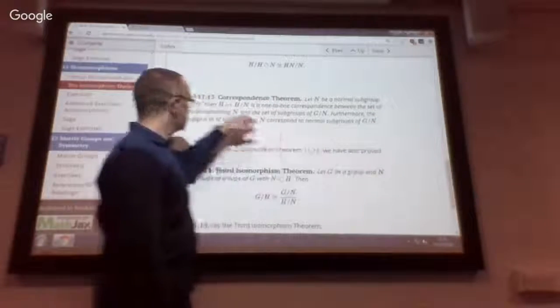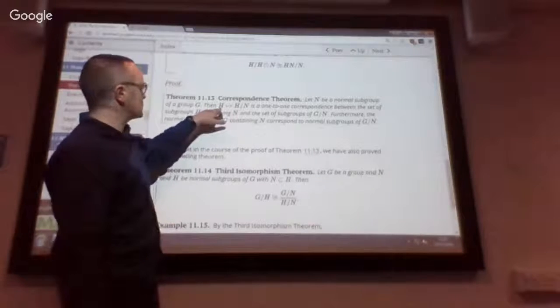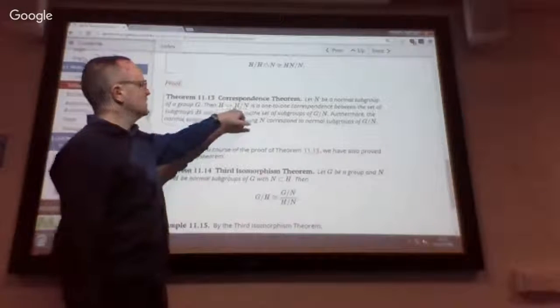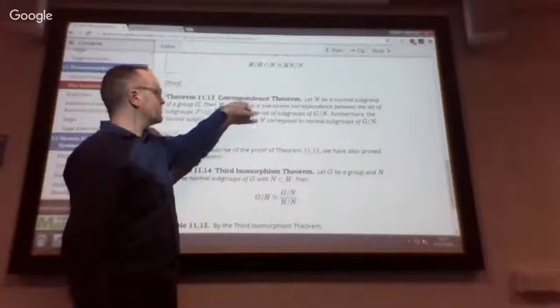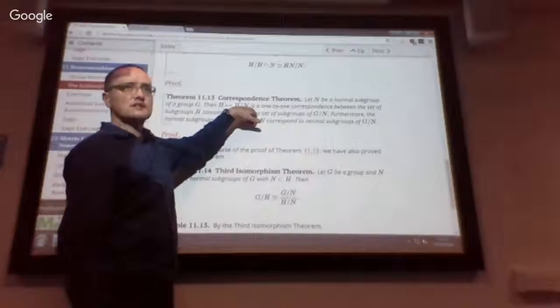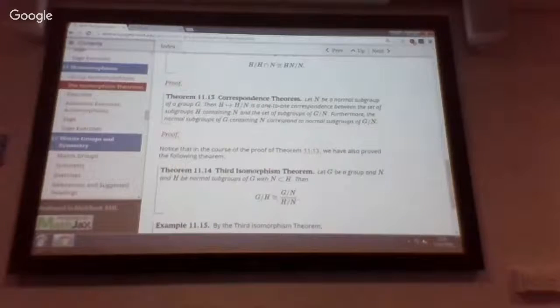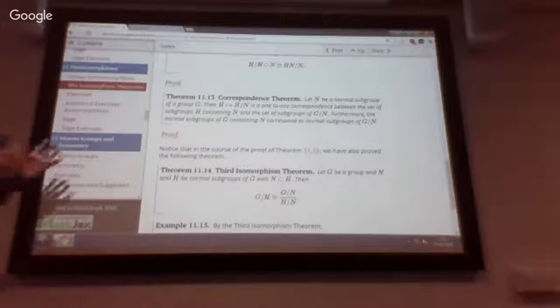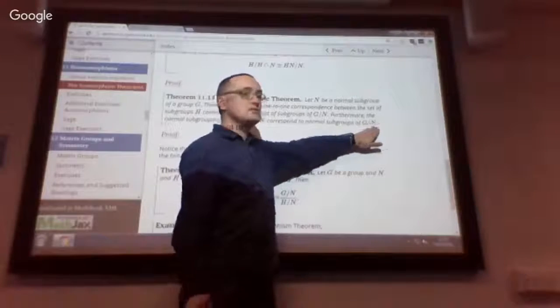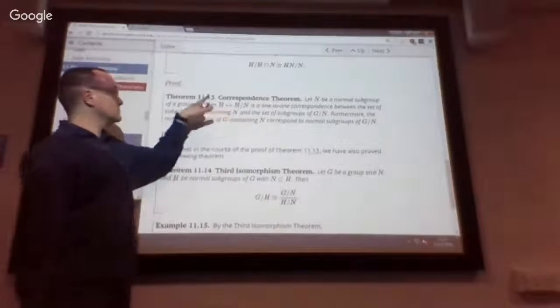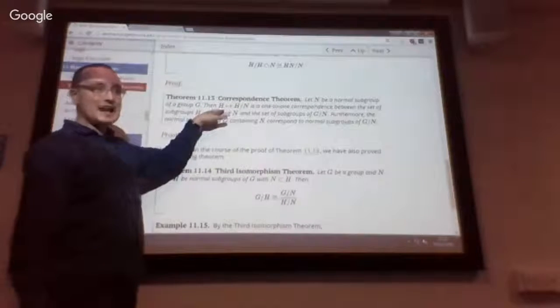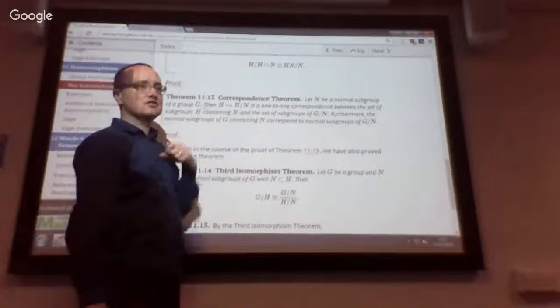Okay, so in general, this construction here, where you take a subgroup H of G containing N and look at this factor group, contains some of the cosets of N. So this will certainly be a subset of G mod N, but actually, it turns out it'll be a subgroup of G mod N. And this correspondence is exact: every subgroup of G mod N comes about from some subgroup of G containing N under this mapping.